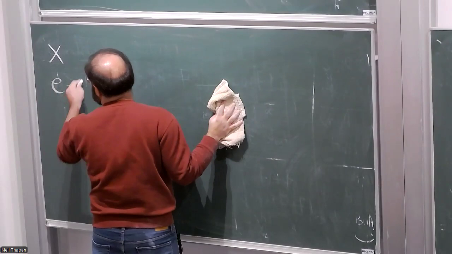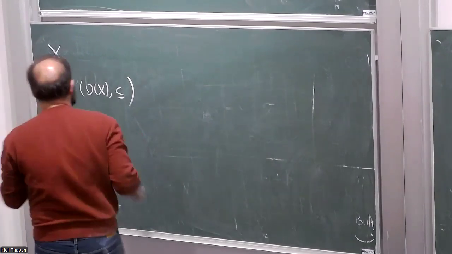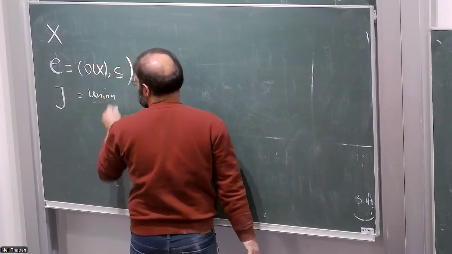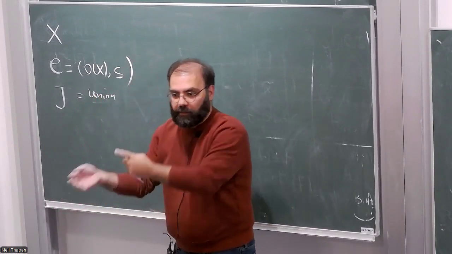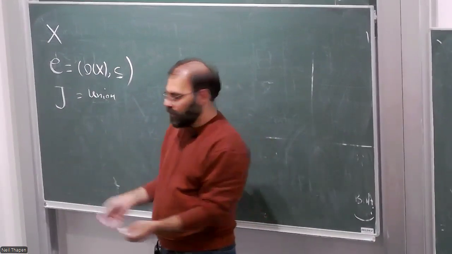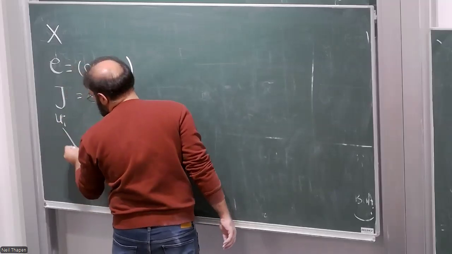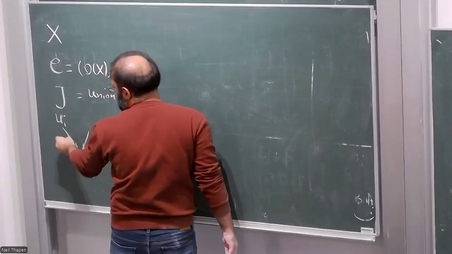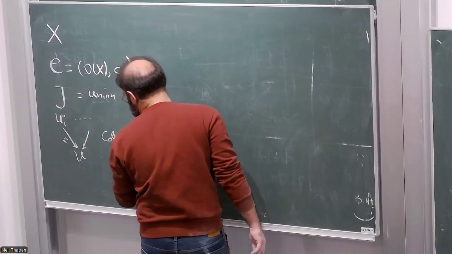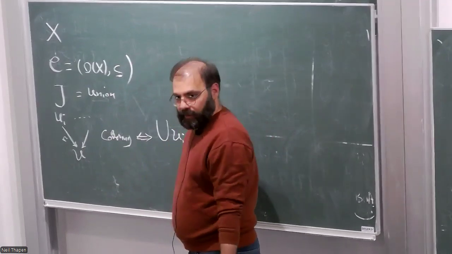And then your C would be O of X with the order, and your J would be just the usual union. So I say that some U_i cover U when the union is U. These are maps, but simply they are just inclusions. I call it a covering family if and only if the union of the U_i is U. So that is my site.